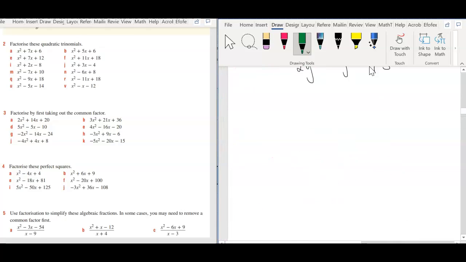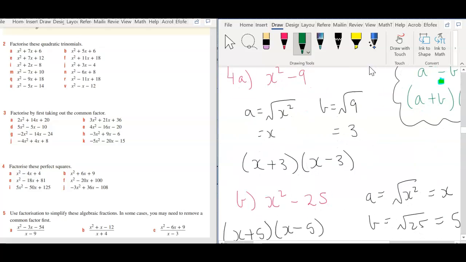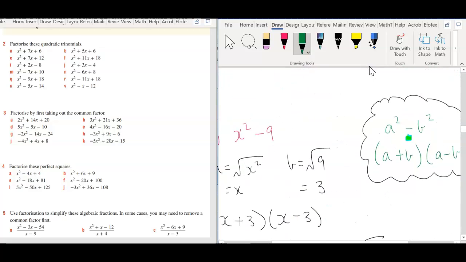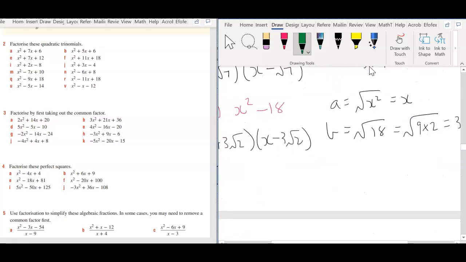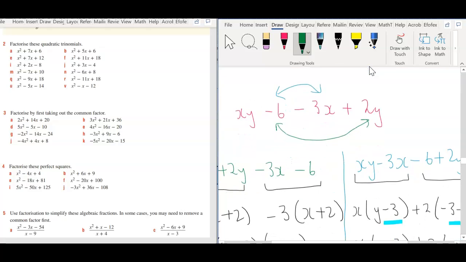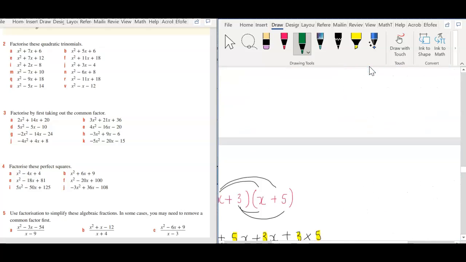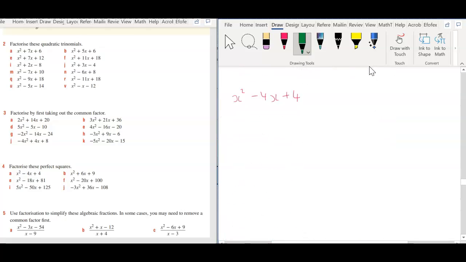Where did I put it? Oh, I've gone too far. So there's 5b, the difference of perfect squares. Pretty sure I did the other one. Oh, I'll just write it again. Don't know why it's not there.